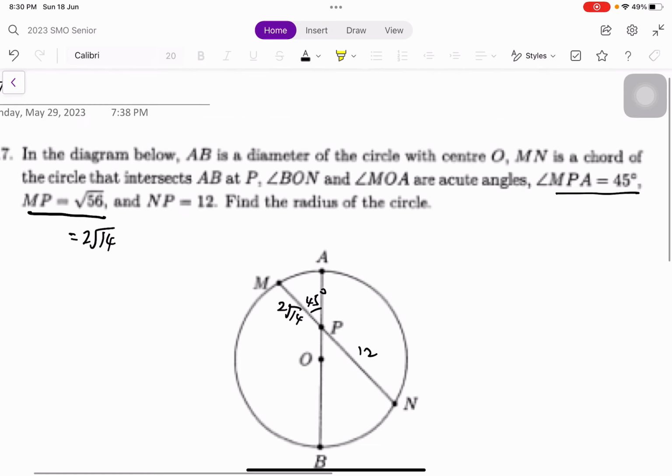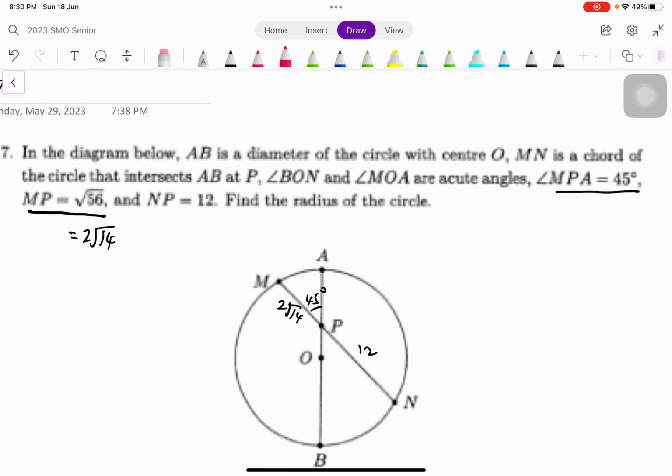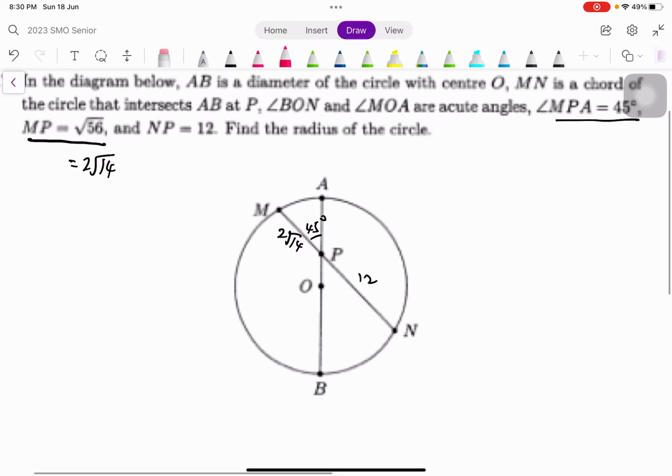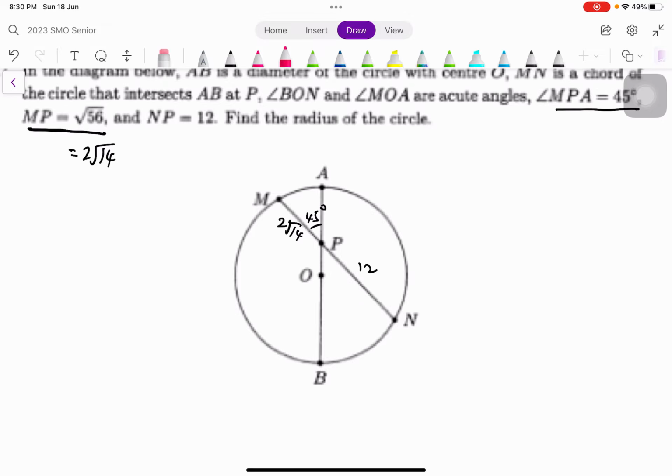Therefore, I think we need to make use of the theorem that we know. The perpendicular that passes through O will bisect the chord. I think this is the one that we know, right? The perpendicular that passes through the center will bisect the chord. Therefore, this is not only perpendicular, it will bisect the chord. That means this part here is equal to this part here, right?